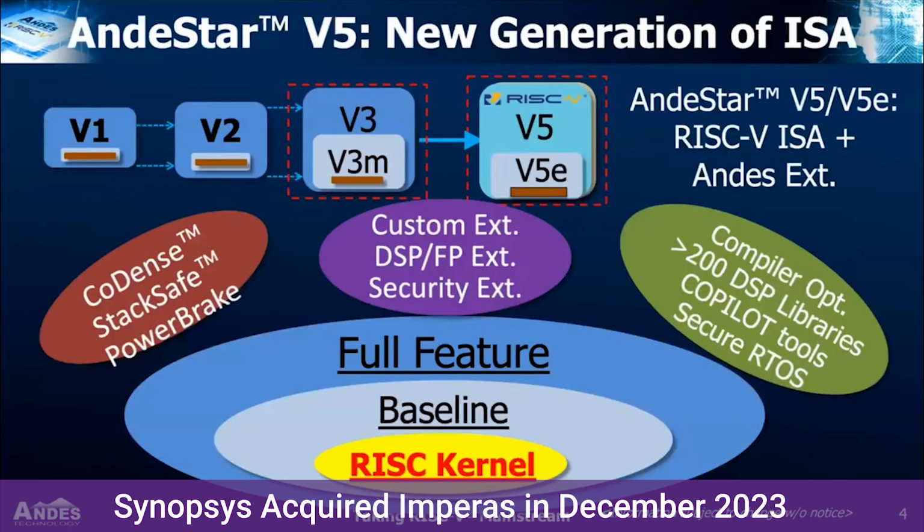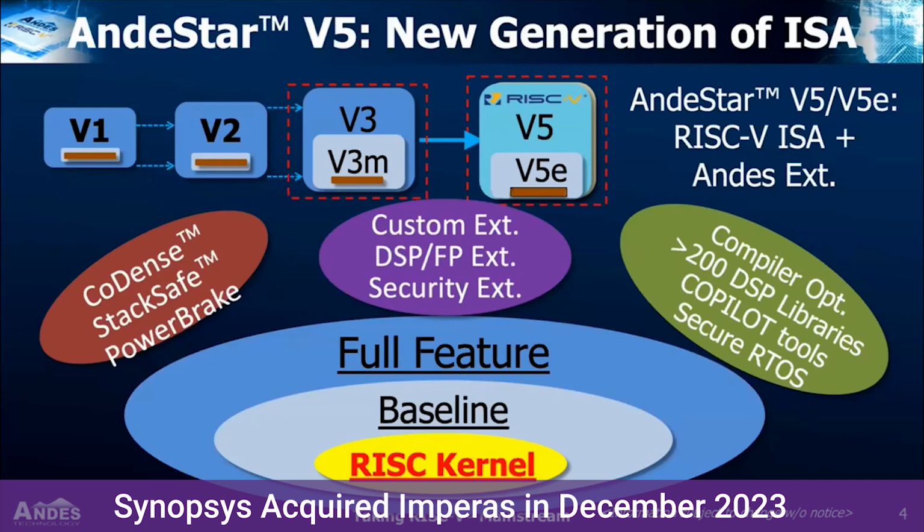So how did the evolution of CPU IP from Andes come about? 18 years ago, we introduced the first Andes Star architecture. That's the name of our architecture, version 1. Over the years, we innovated until about the late 2010s. We went into version 3, and Andes was looking for a 64-bit architecture.